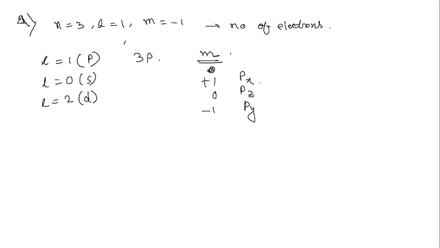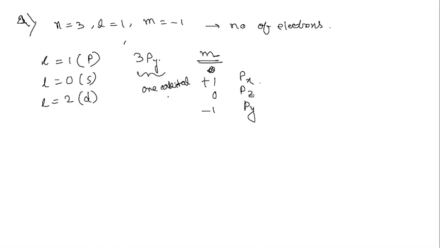As I am discussing here, it is a doubt clearing session, so I am solving some questions, and if you have any doubt you can ask. It's always encouraged. So for m equals minus 1, this is the py orbital they are talking about.